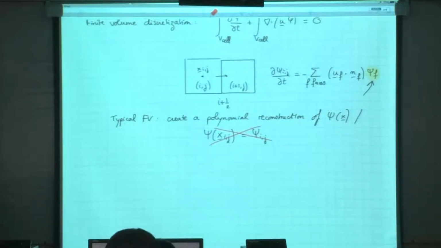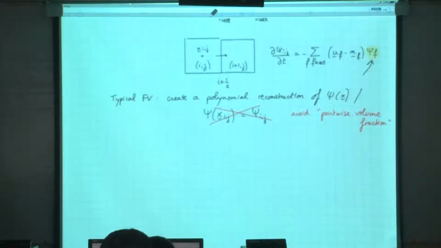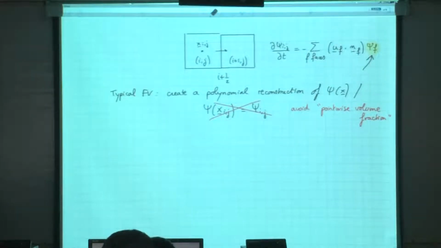We want to avoid this notion of pointwise volume fraction. So this is fine. We can deal with the real problem.